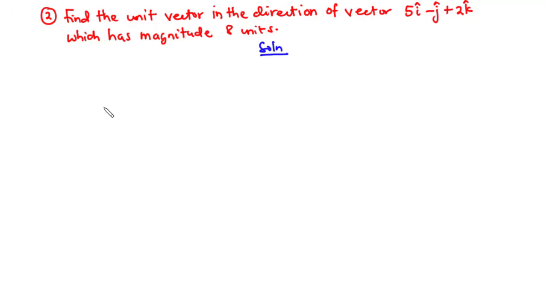So let's try this question together. First of all, let A be the vector 5i cap minus j cap plus 2k cap, and we can as well express this vector in scalar component form as 5, -1, 2. Now let's find the magnitude of this vector.